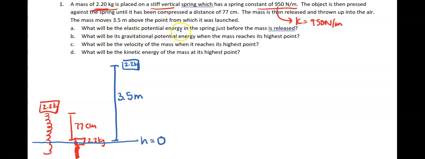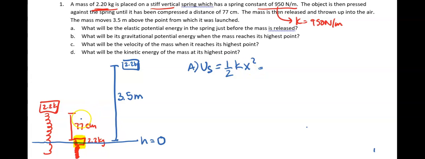So for the elastic potential energy in the spring just before the mass is released, we're looking at that point all the way down here. My equation for spring potential energy, or elastic potential energy, is 1/2 kx squared. K is the spring constant. X is how much it's stretched or compressed.